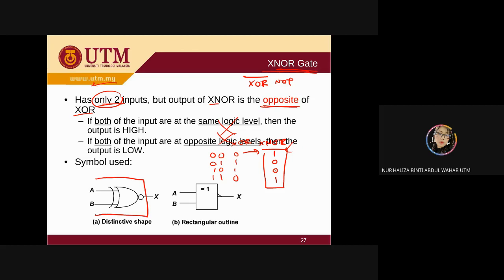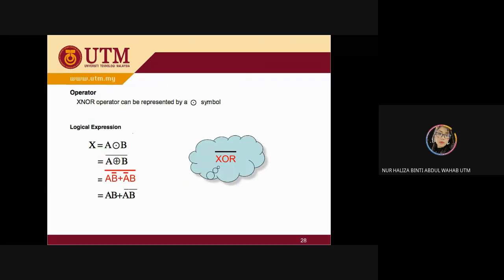And the symbol is only slightly different, in that you have a bubble in front. For your XOR, you have a shape like a fish, I think so, but for your XNOR, you're going to have a bubble in front. Next, you're going to have the symbol, and what basically is the meaning of this symbol?